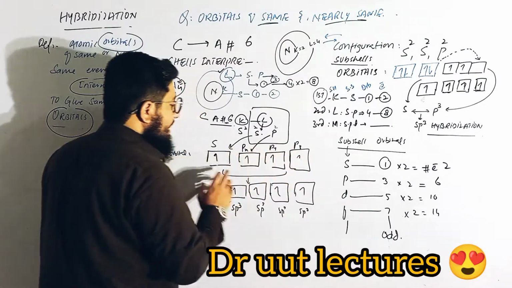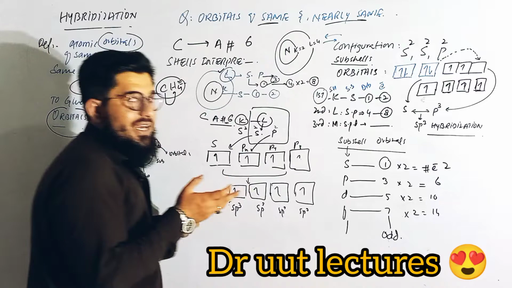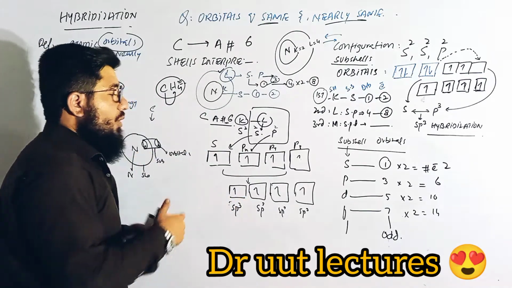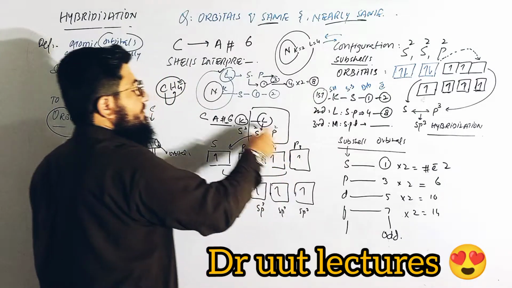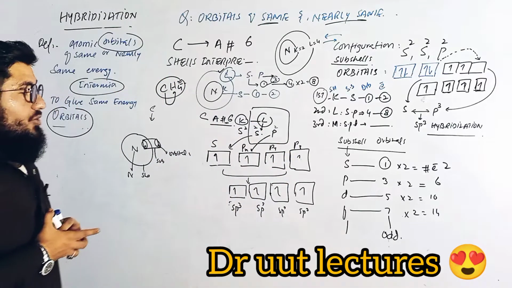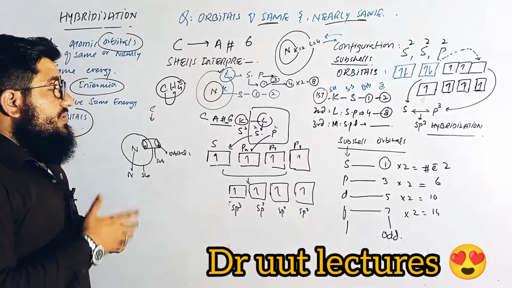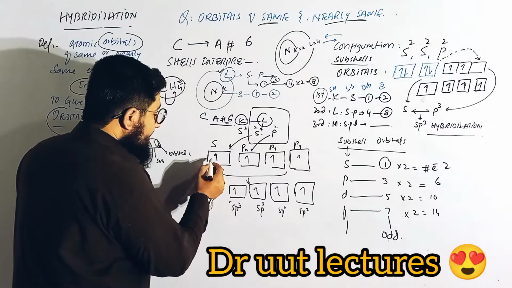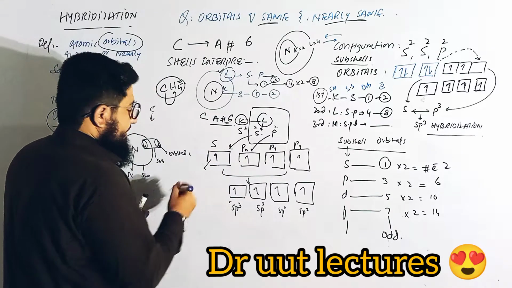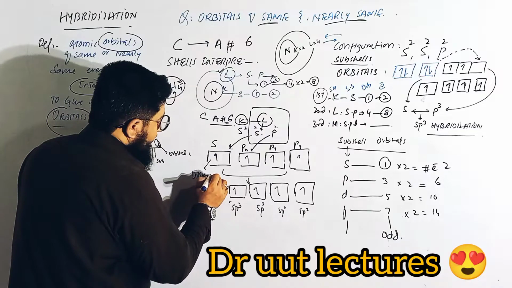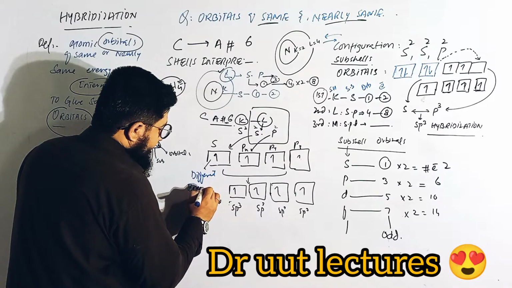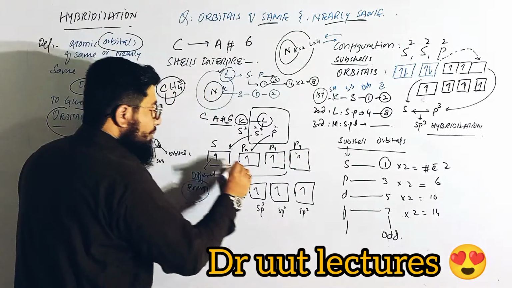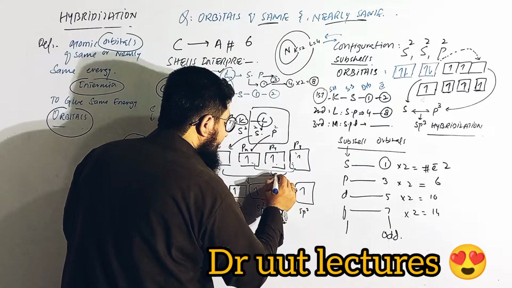What I'm trying to make you understand is that s is a little bit different in energy when compared with the remaining orbitals px, py, pz, while px, py, pz are all the same.